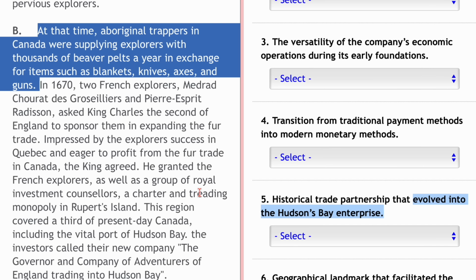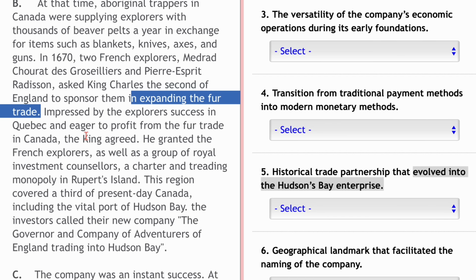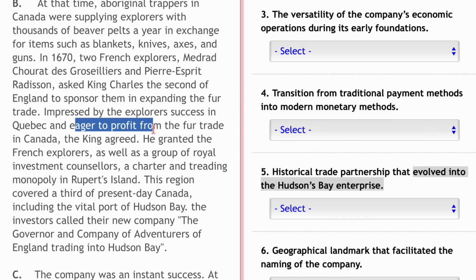In 1670, 2 French explorers, Médard Chouart des Groseilliers and Pierre-Esprit Radisson, asked King Charles II of England to sponsor them in expanding the fur trade. So they're not evolving, it's expanding. Impressed by the explorers' success in Quebec and eager to profit from the fur trade in Canada, the king agreed.